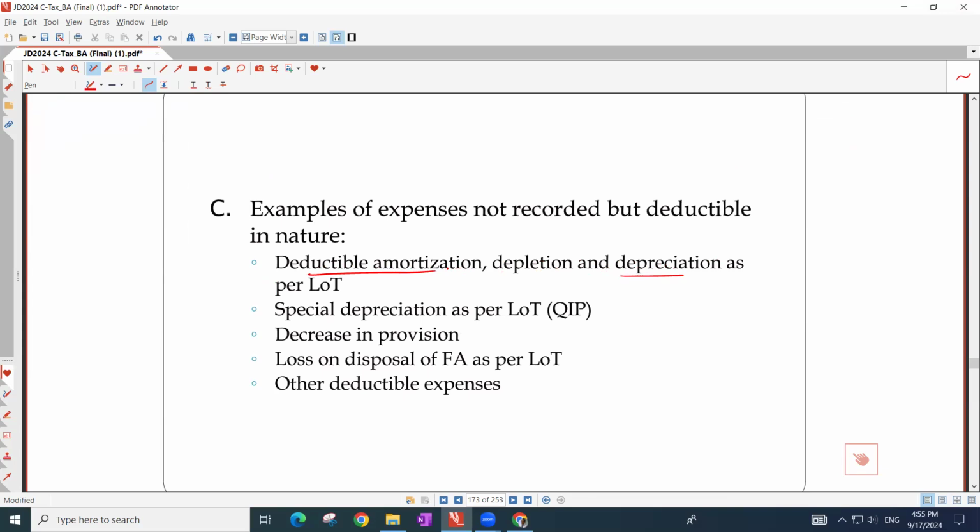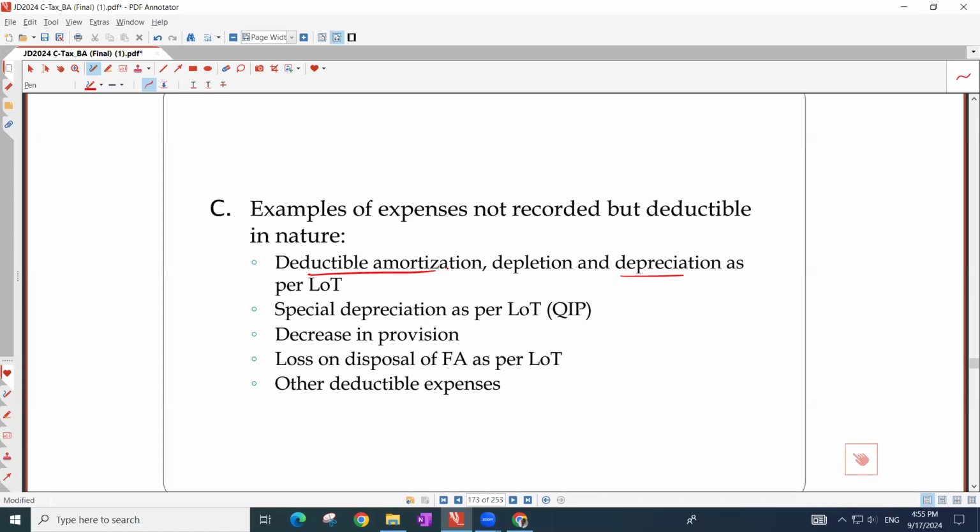So you have to analyze the assets you own, and then separate them into class 1, 2, 3, 4. Then you start doing calculations of that asset by using the tax depreciation rate and method.